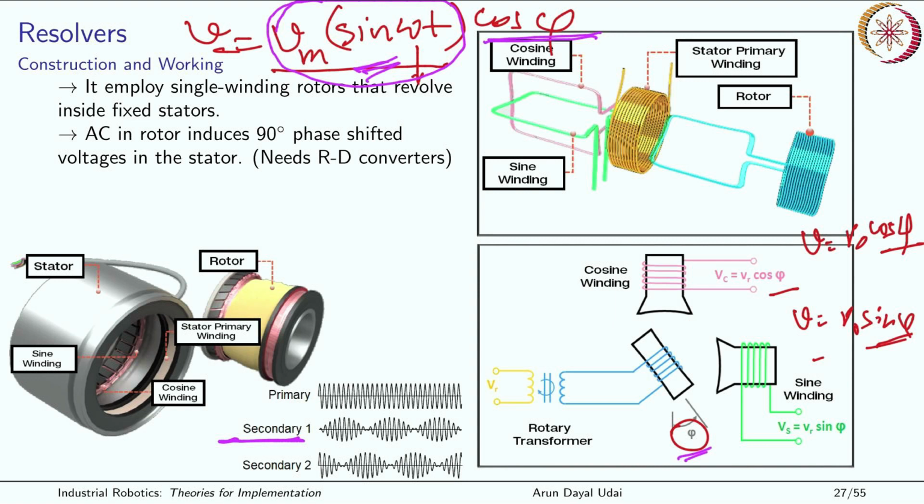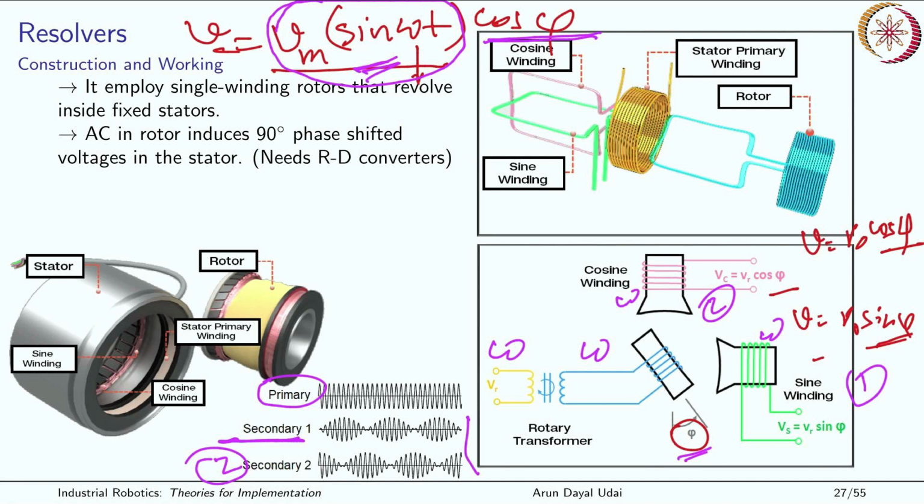This one is for sine and this one is for cosine. The frequency in both coils is the same as in the primary. Whatever frequency comes from here goes here, and here, and here, so the frequency remains the same, but the amplitude varies depending on the angle psi.